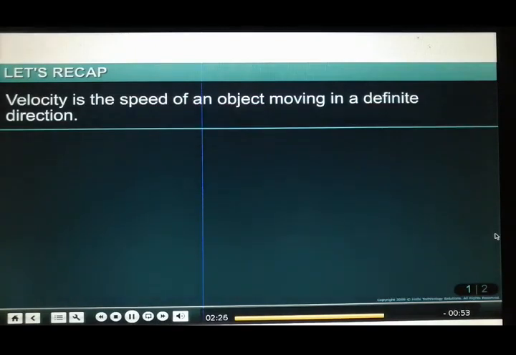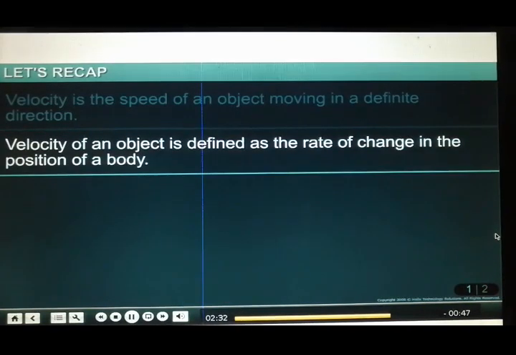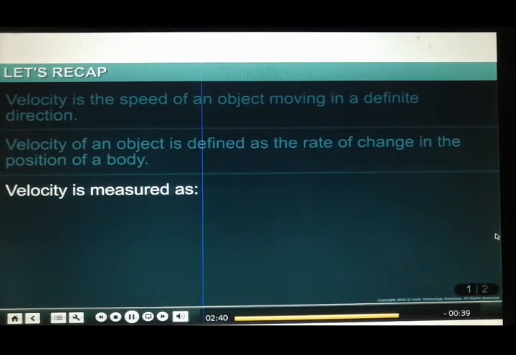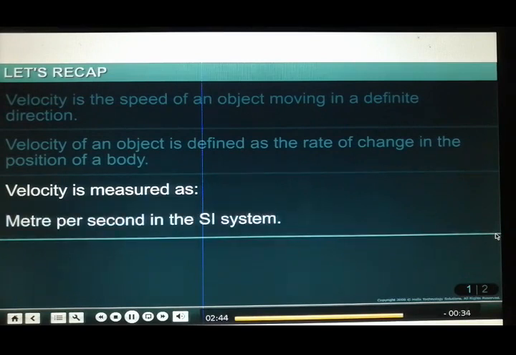In this module, you have learned that velocity is the speed of an object moving in a definite direction. Velocity of an object is defined as the rate of change in the position of a body. Velocity is measured as meter per second in the SI system.